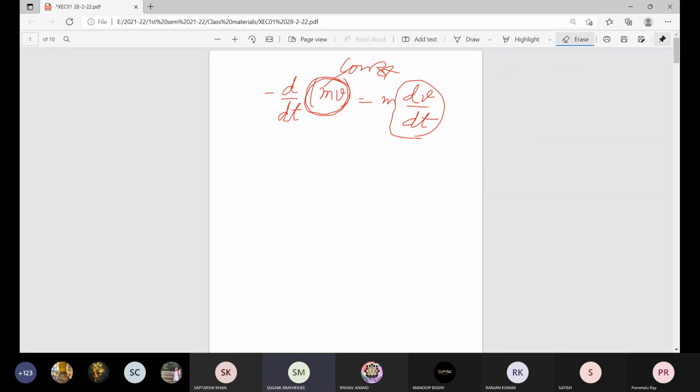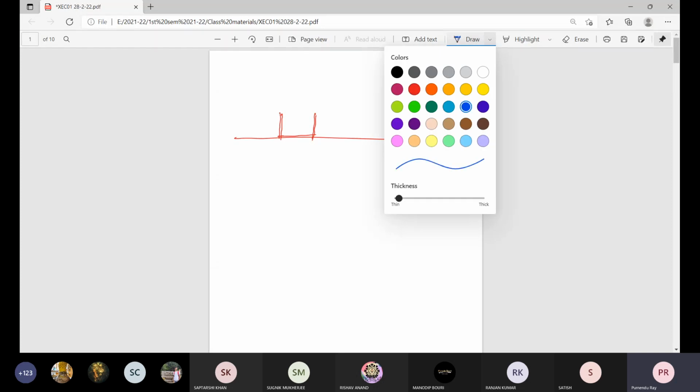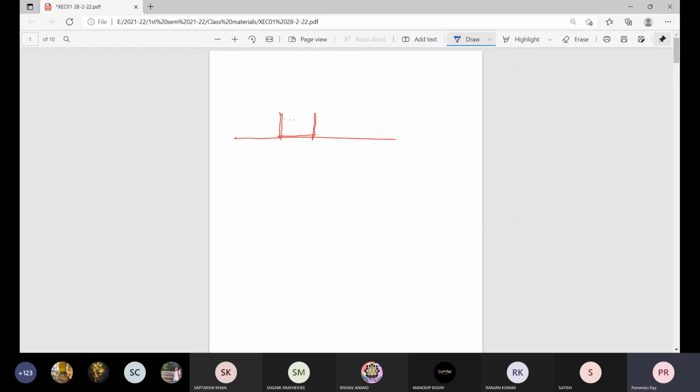Suppose a truck is moving, or some object like a box is placed on a table, and sand is poured in it, having mass m initially.